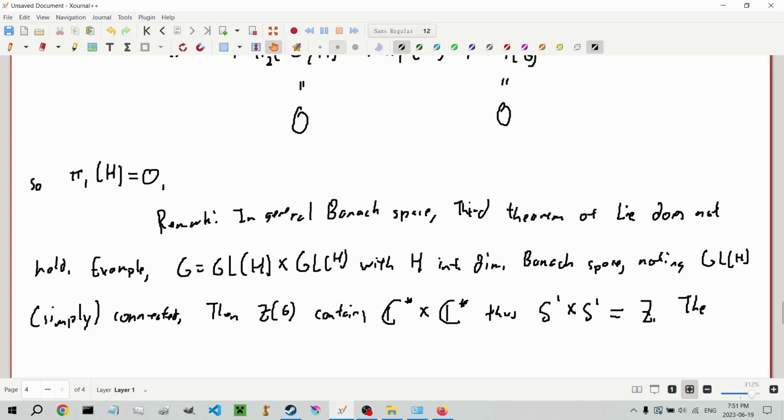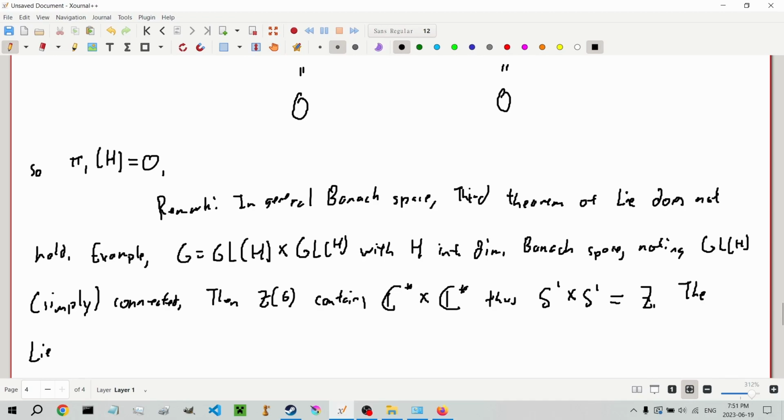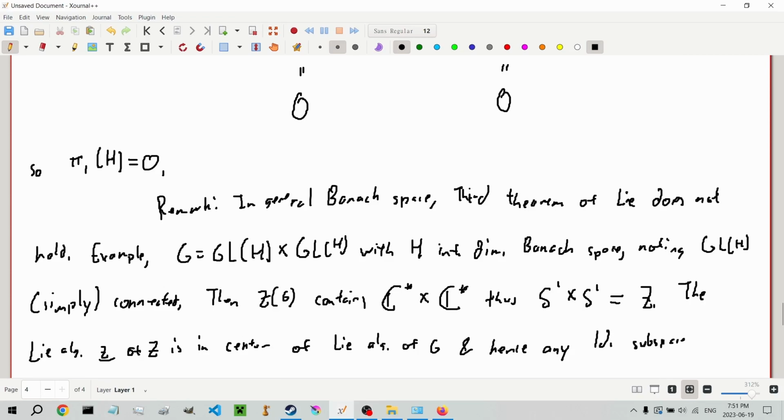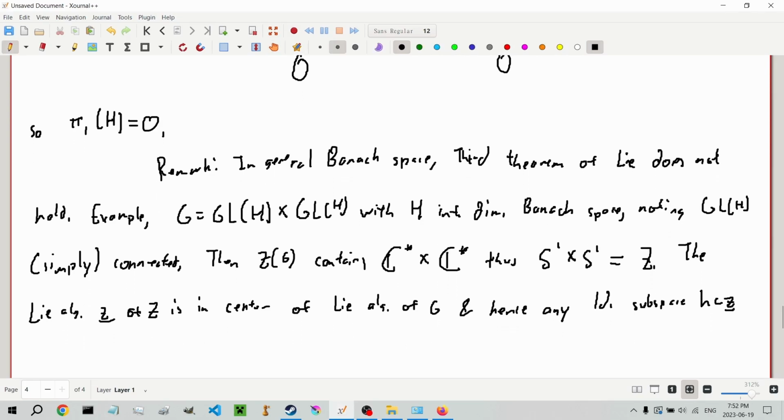Then the Lie algebra z underscore of z is contained in the center of the Lie algebra of G, and hence any one-dimensional subspace H of Z underline is an ideal in the Lie algebra of G.